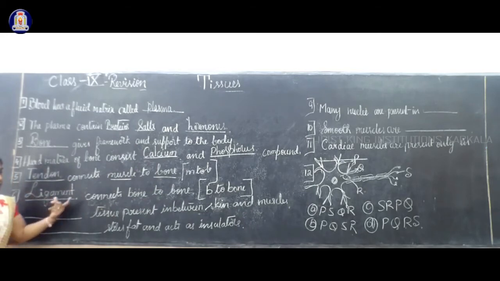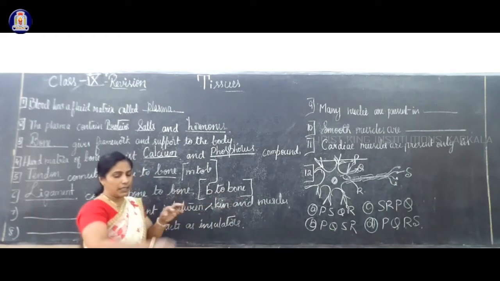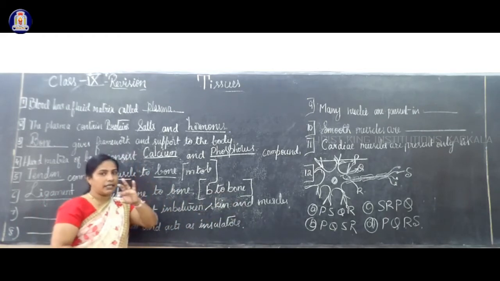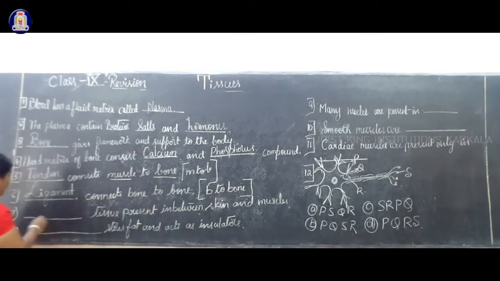Dash tissue is present in between skin and muscle. A thread-like structure is present below the skin. That is because of areolar tissue. Areolar tissue.